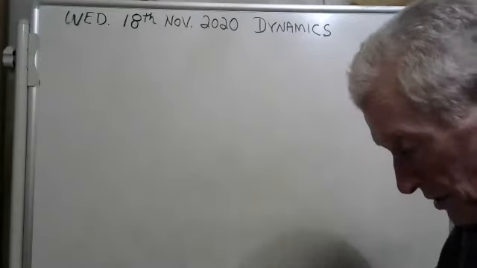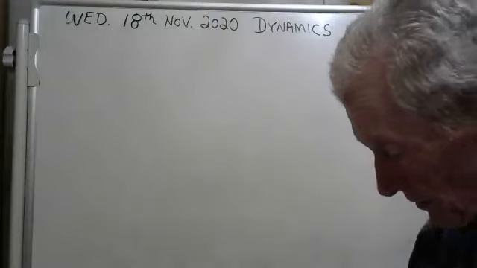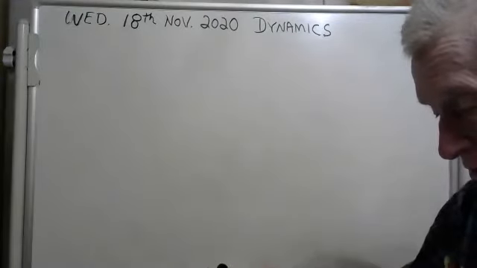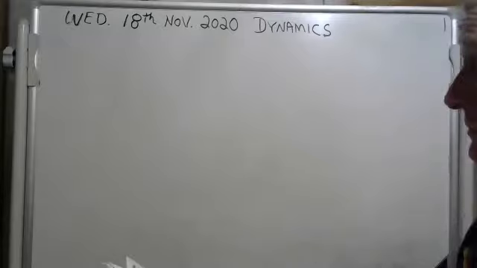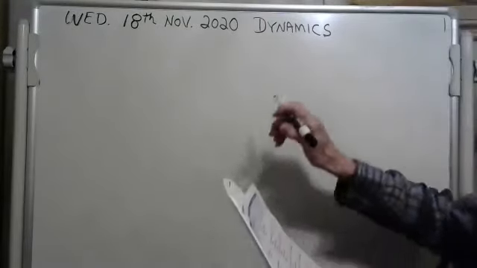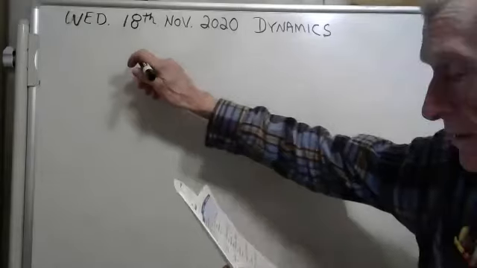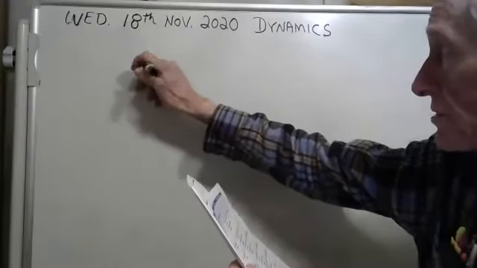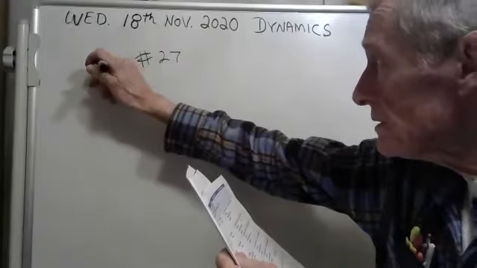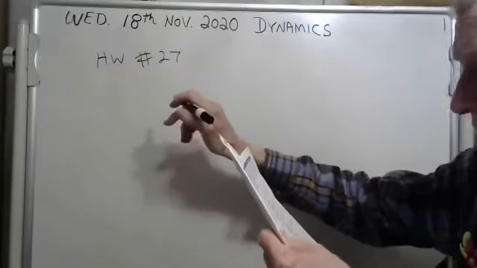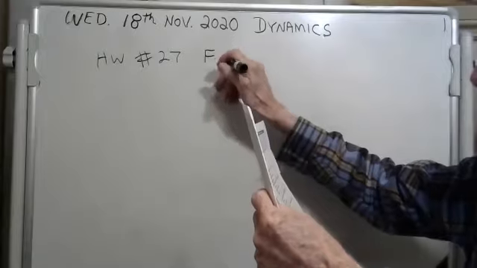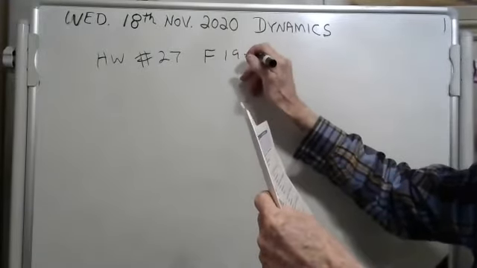Okay, and homework. Let's see if there's any homework. This is the 18th. It looks like homework number 27 is F 19.5.